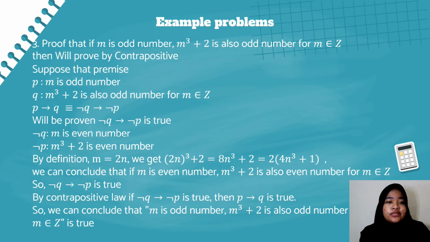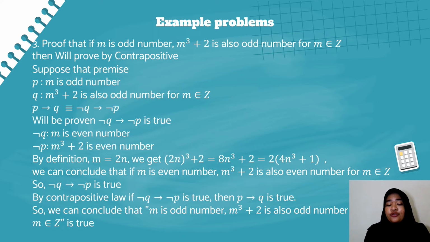First step, suppose that premise P states that m is an odd number, and Q states m power 3 plus 2 is also an odd number for m an element of integers. We can denote P implies Q is equivalent to negation of Q implies negation of P. We will prove that negation of Q implies negation of P is true.